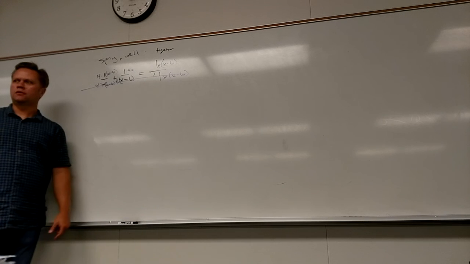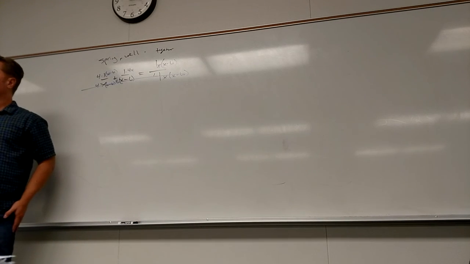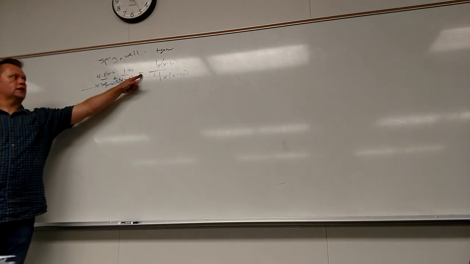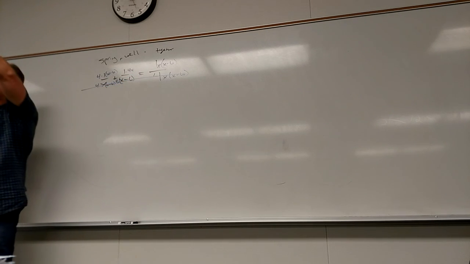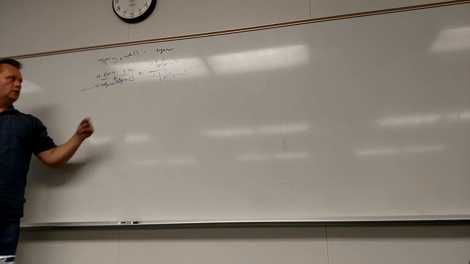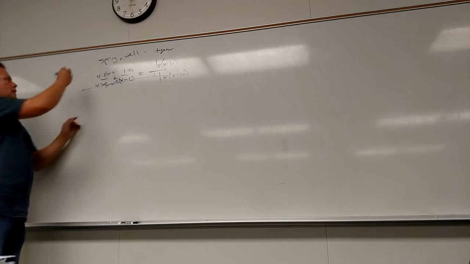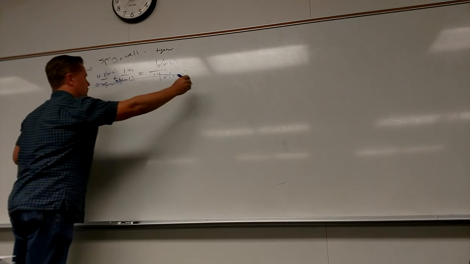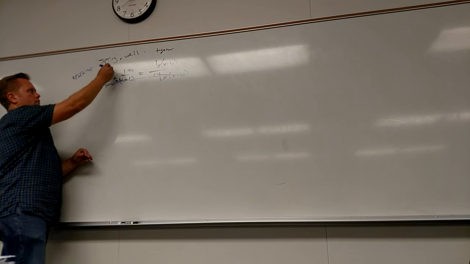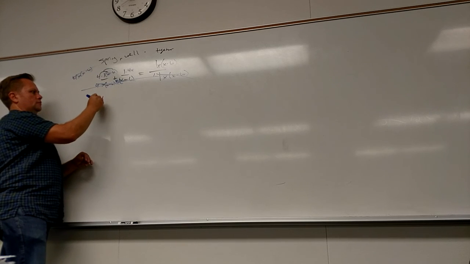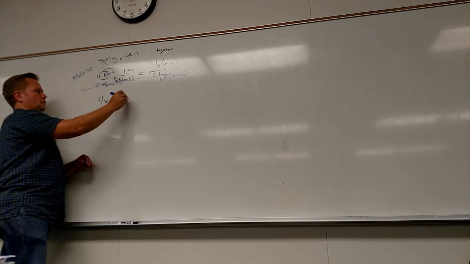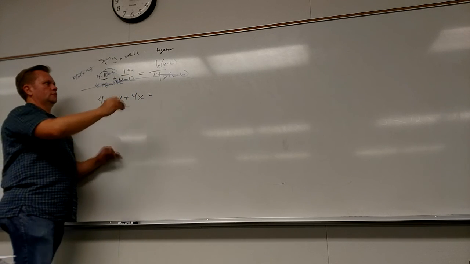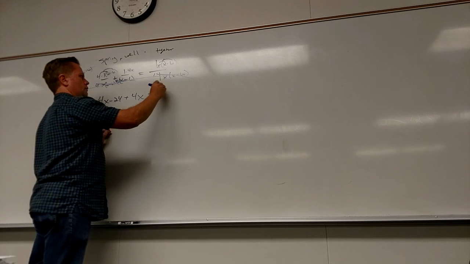When's the only time I could kill fractions? When it's an equation. Yes, when there's two sides to it. An equation or there's fractions inside of a big fraction. So here I can multiply both sides by 4x times x minus 6, and that's why they all cancel. So what do I end up with? I get 4x minus 24 equals x squared minus 6x.